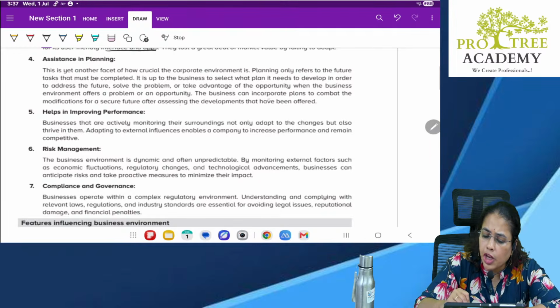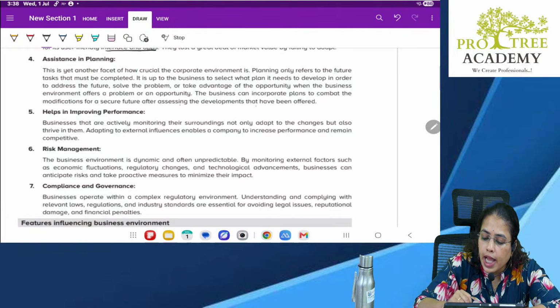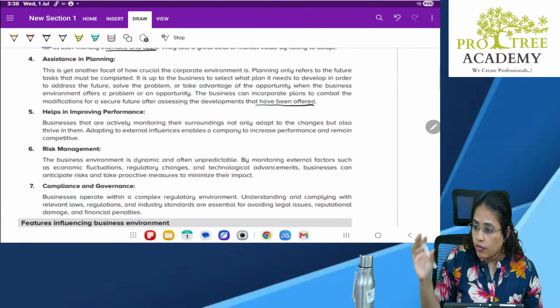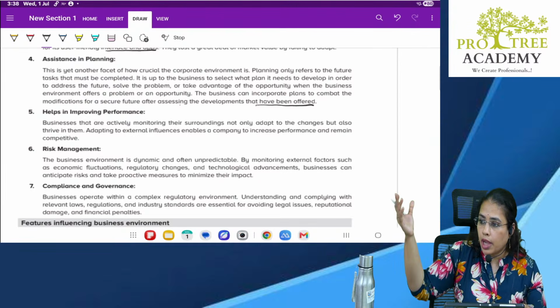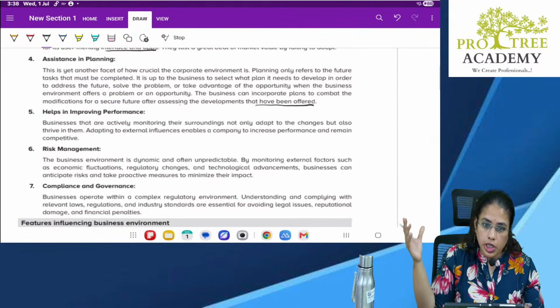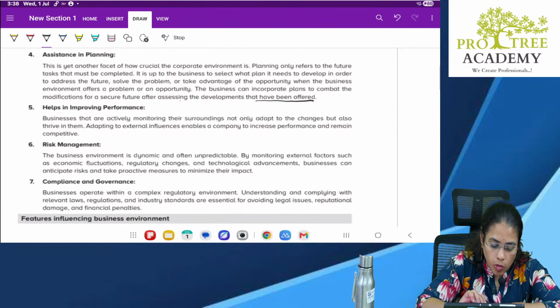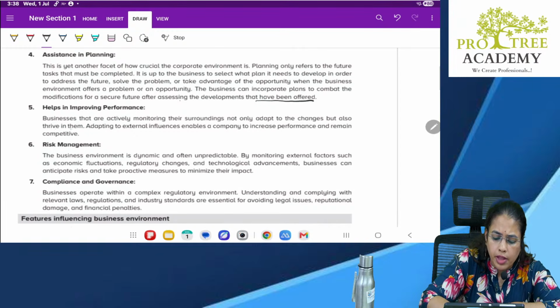If your planning is good and you have done it in a proper way, your business, even if it has gone down, can come back. It can be robust and come back. Okay, helps in improving performance. Businesses that are actively monitoring their surroundings not only adapt to the changes but also thrive in them.